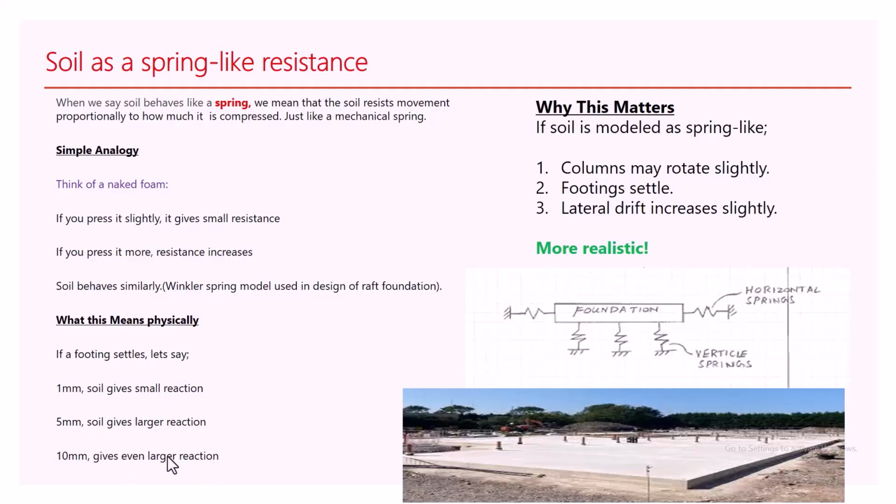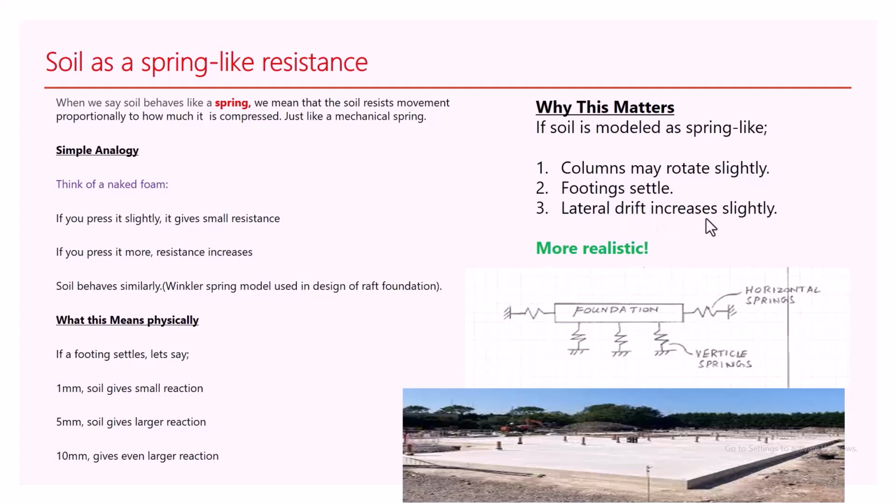So why does this matter? If the soil is modeled as spring-like, the columns may rotate slightly, footings settle, and lateral drift increases slightly.